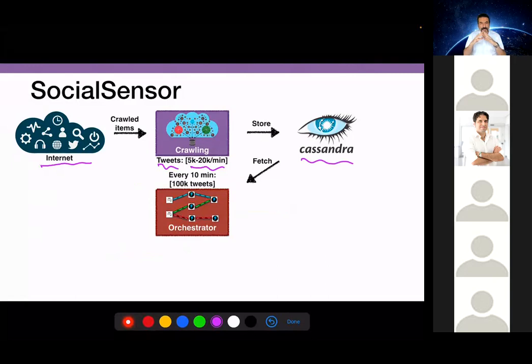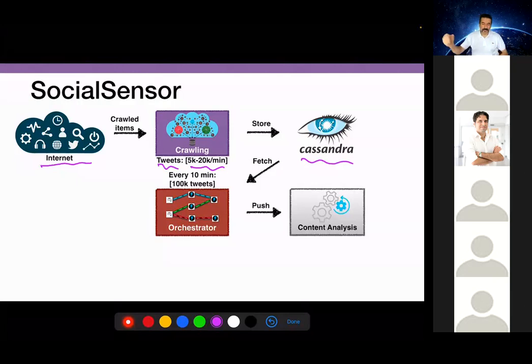Then this system had an orchestrator mainly based on Apache Storm, another big data engine, which fetches the content every 10 minutes, with 100K tweets each 10 minutes, and pushes this content into the down the line content analysis that was powered by Apache Solr.